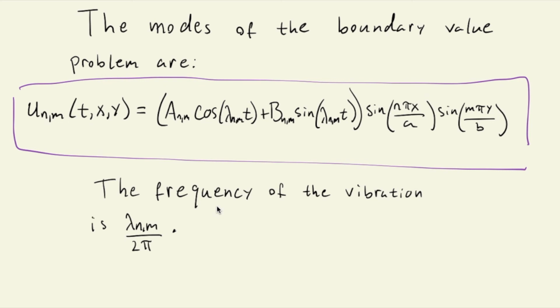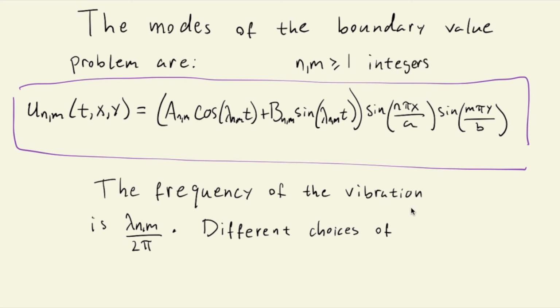And one interesting thing is that there's actually different choices of n and m that will give you the same pitch. They will produce the same lambda n m. So I just want to write the remark, different choices. Oh, and here I should really write n, m greater than or equal to 1 integers. Okay, so maybe I'll put it in the purple box.